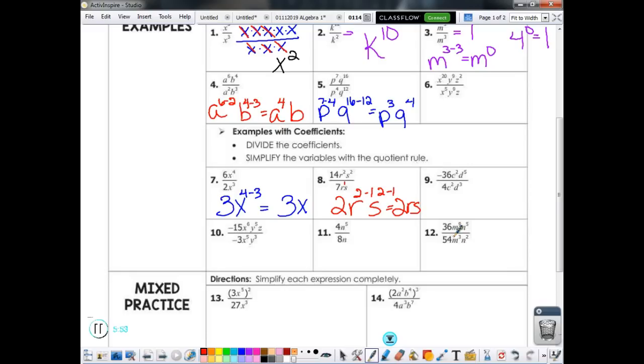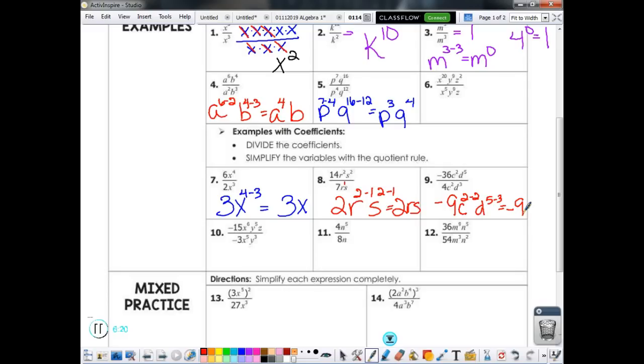Okay, number 9, the same thing, right? Negative 36 divided by 4 would be what? Negative 9. So negative 9, and then c to the 2 minus 2, and d to the 5 minus 3. 2 minus 2 is what? 0. What's c raised to the 0 power? 1, right?